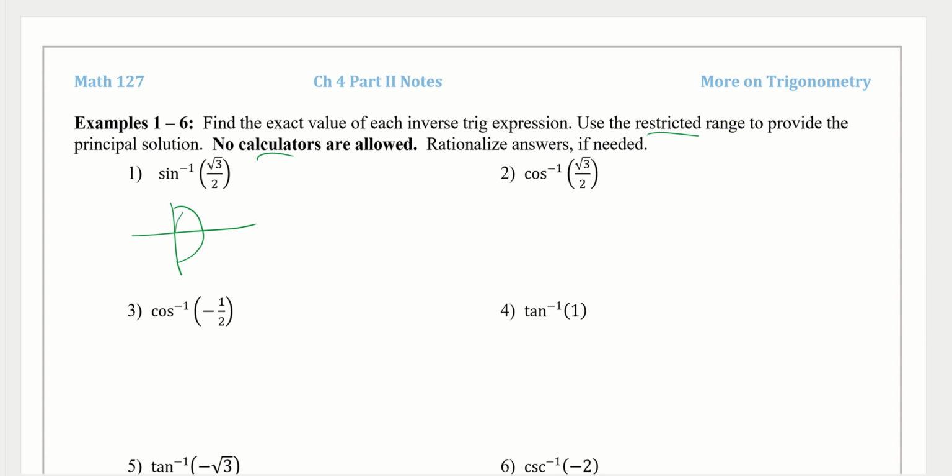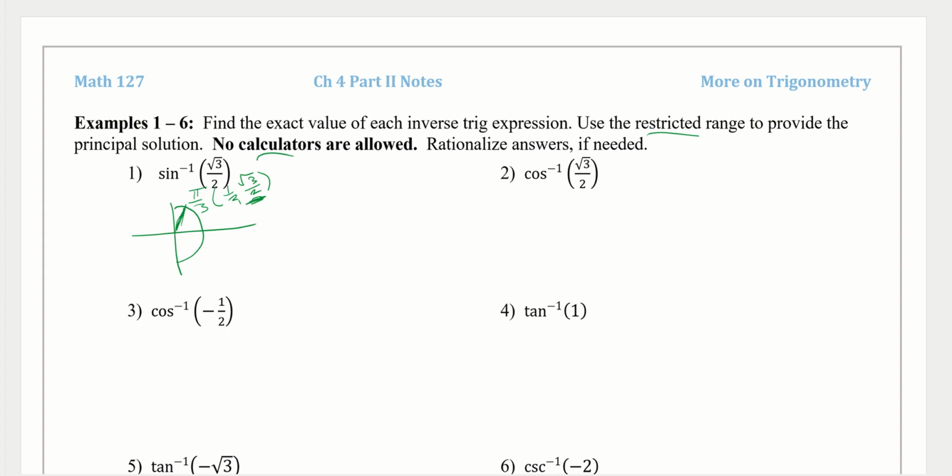If you think of what angle is making sine root 3 over 2, we look at our unit circle, and the coordinates are 1/2, root 3 over 2. And this is what we're looking for right there.